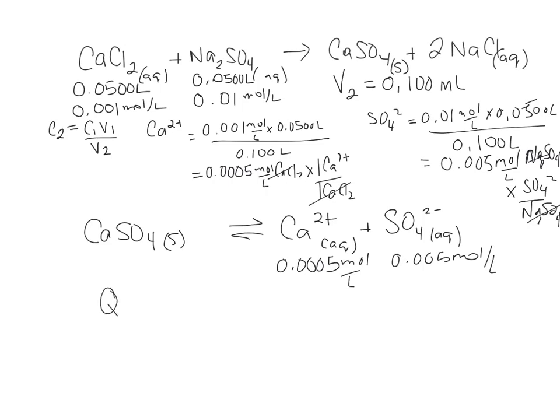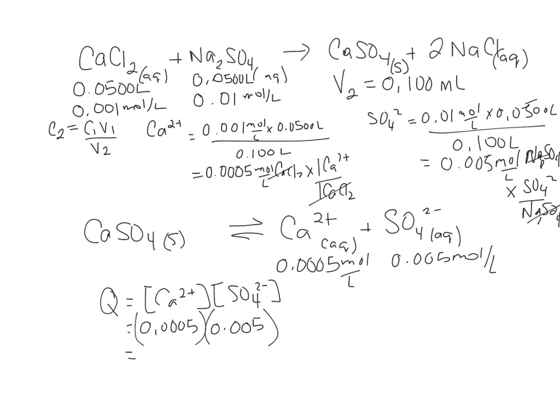So Q is going to be equal to calcium 2 plus times the sulfate. So 0.0005 times 0.005, which is equal to 2.5 times 10 to the negative 6. Now, every chemistry textbook will have a table of solubilities.